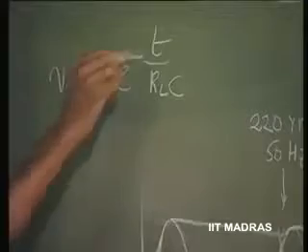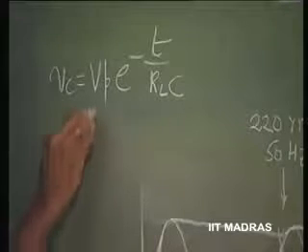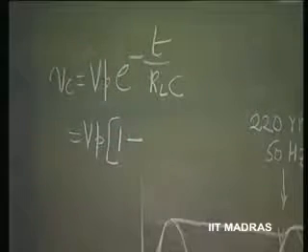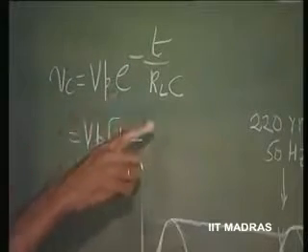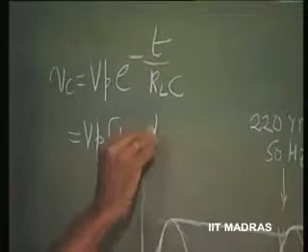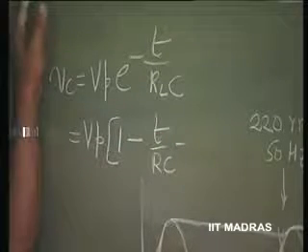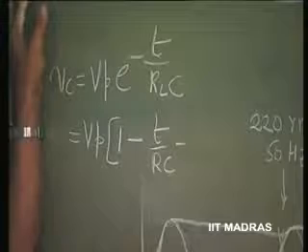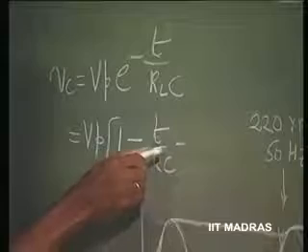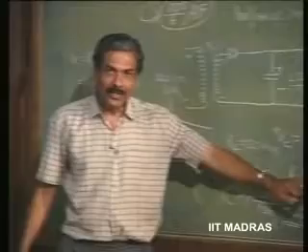You know that e to the power minus x can be expanded, and when you expand it, it will be Vp into 1 minus x, then x squared by factorial 2, x cubed by factorial 3, and so on. We are not interested in the higher order terms because we are going to make sure that the time interval involved is such that T by RC is much less than 1.